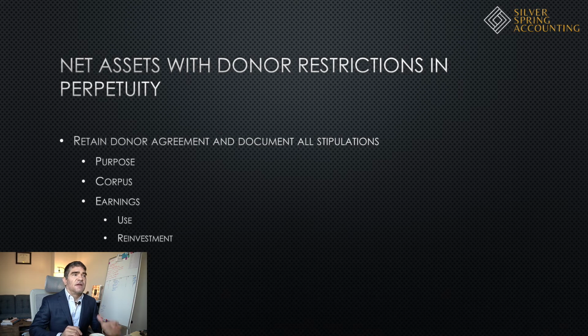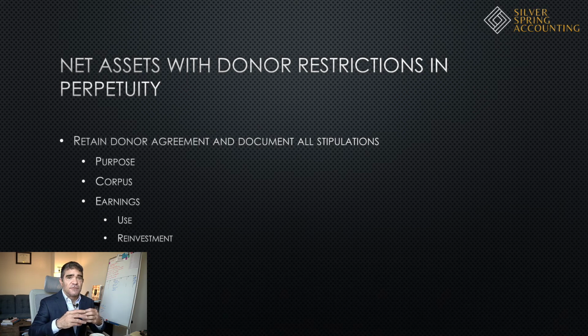So, net assets with donor restrictions in perpetuity. You want to retain the donor agreement and document all stipulations. When a nonprofit receives a contribution that restricts the use in perpetuity, the nonprofit needs to ensure that it retains the agreement and documents all the stipulations within it.